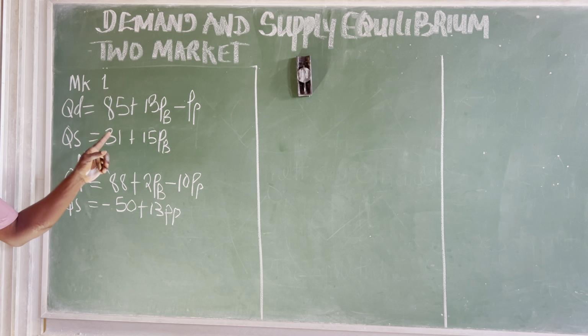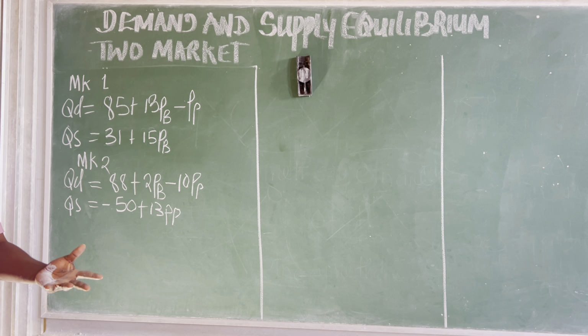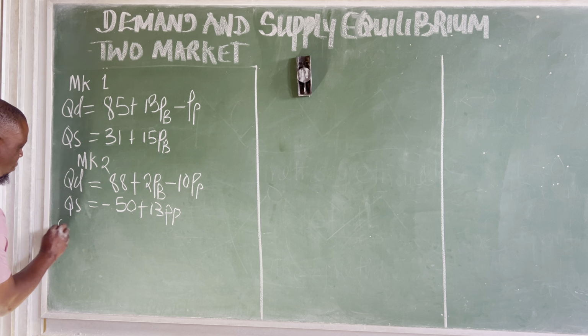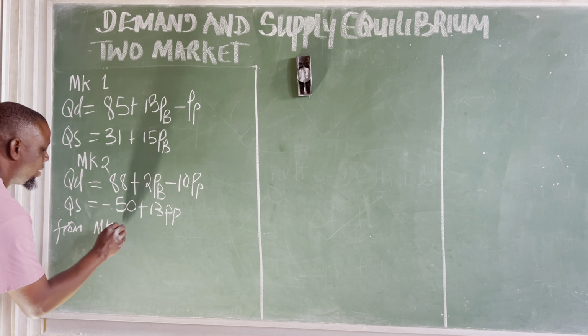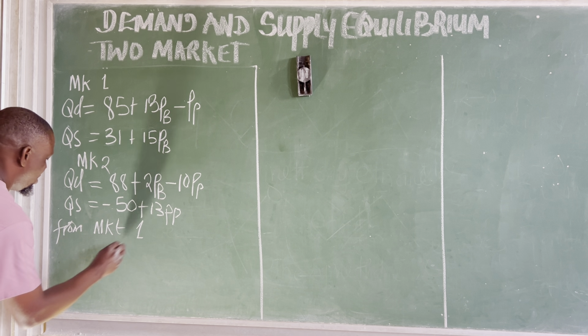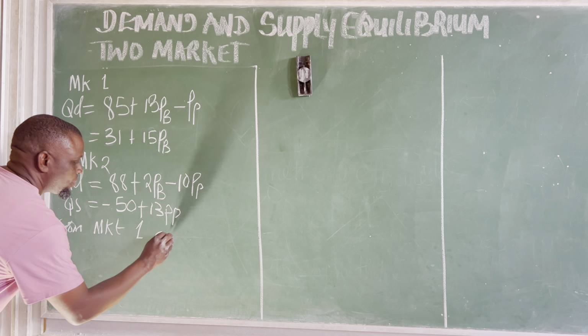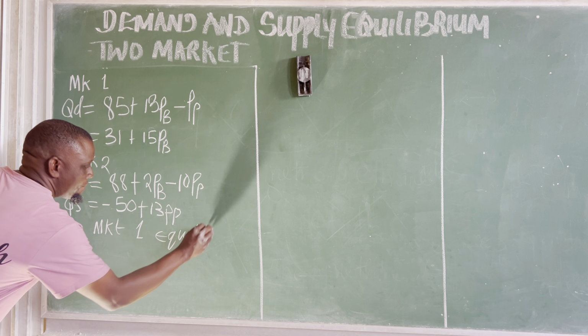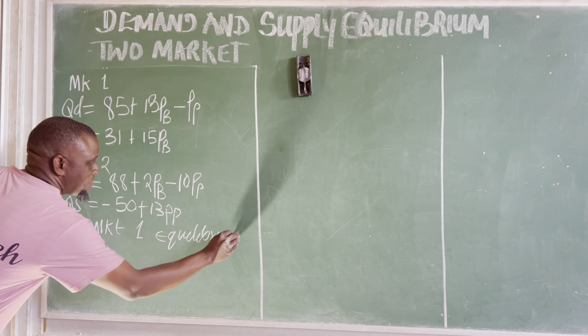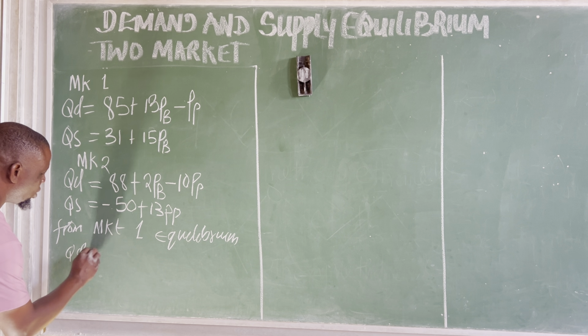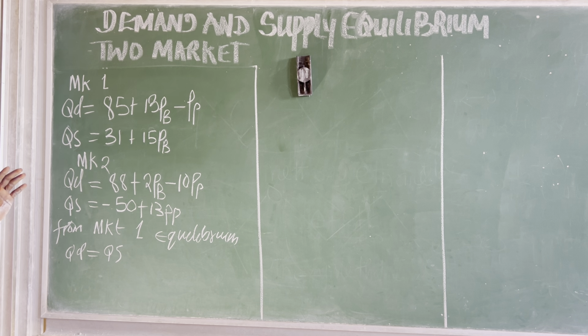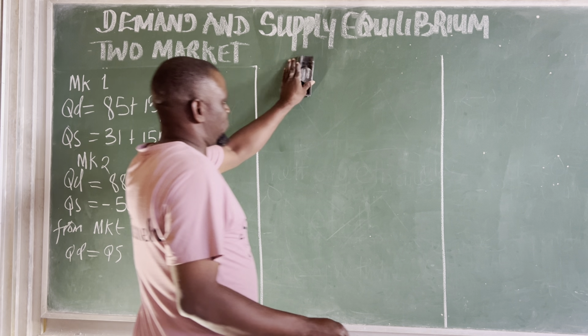For us to get the equilibrium in the first market, we are going to use the condition for equilibrium. From market 1, equilibrium is obtained where quantity demanded is equal to quantity supplied. That's our point of equilibrium in the first market.